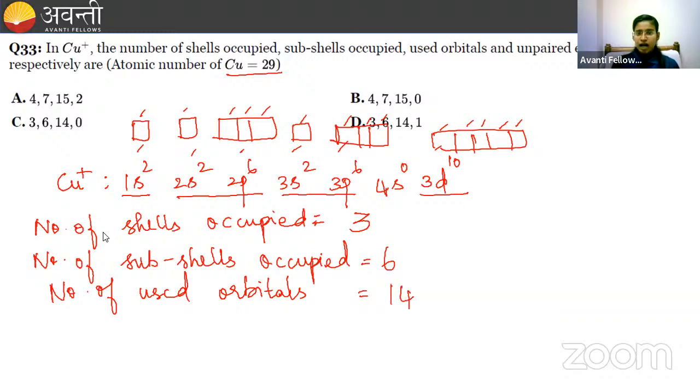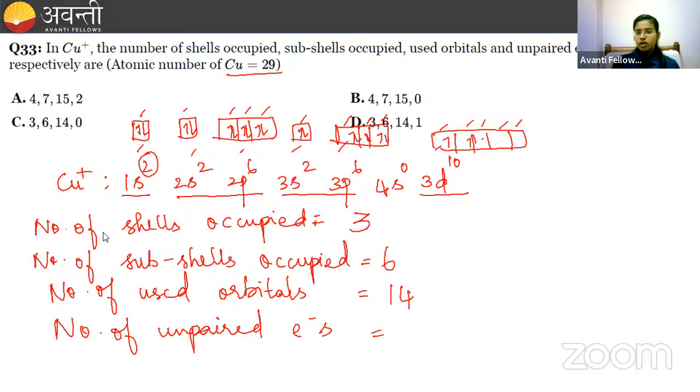And the number of unpaired electrons. If I fill all these electrons in the orbitals, in 1s I have 2 electrons, in 2s 2 electrons, in 2p 6 electrons, 3s has 2 electrons, 3p also has 6 electrons, and 3d has 10.